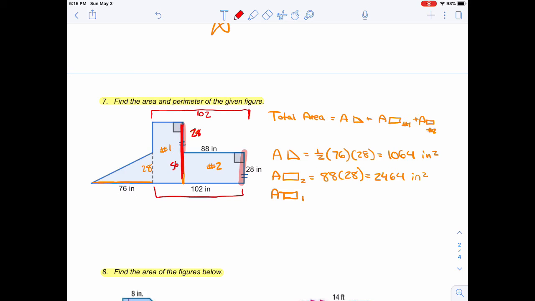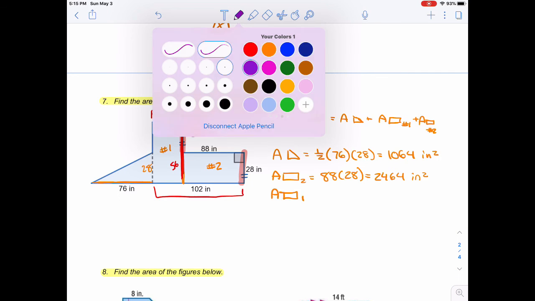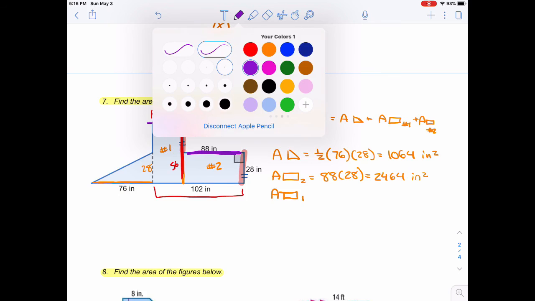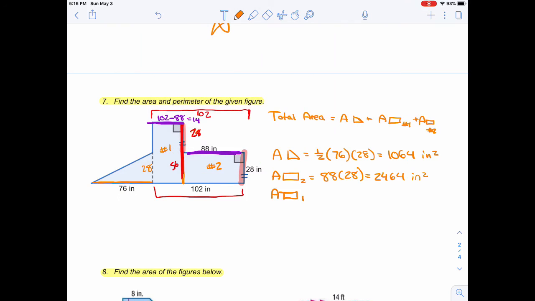And we can also see that this side length, I'll do here in purple, is 88. So this length up here that I'm drawing in purple is just going to be our 102 minus 88, and we'll get 14 for that missing side length, okay? So here we can see that our rectangle number 1 is a 14 by 56 rectangle.